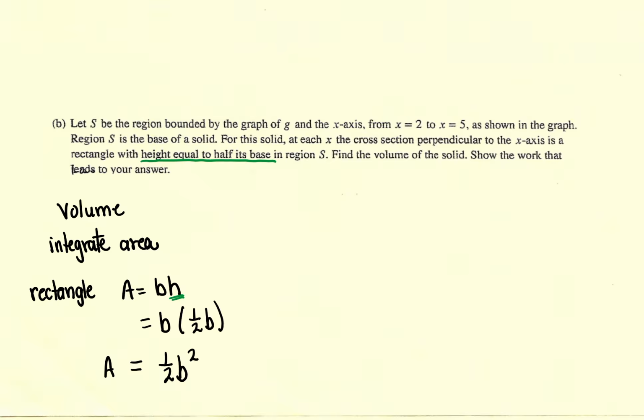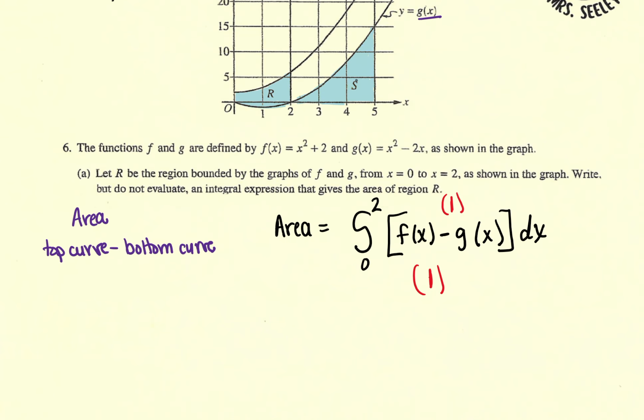So therefore, if we want the volume, we're going to integrate from 2 to 5 of 1/2 base squared. But recall, we are talking about region S. So therefore, these rectangles are going to be the function g of x.